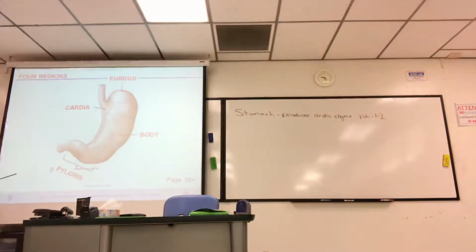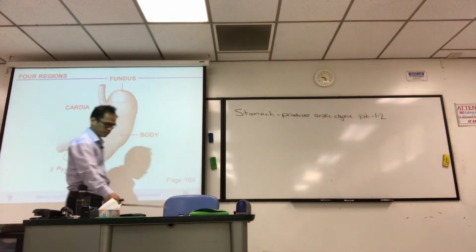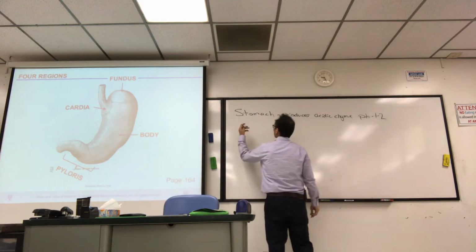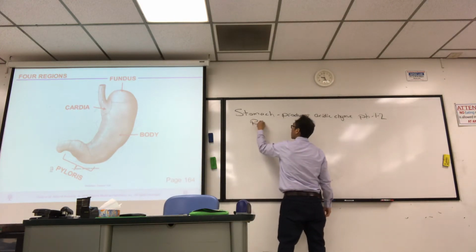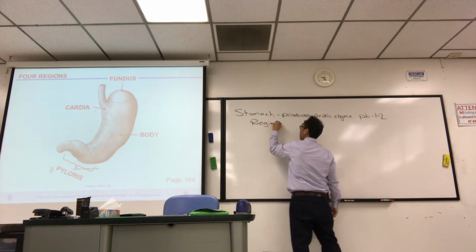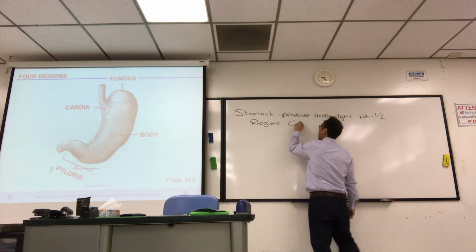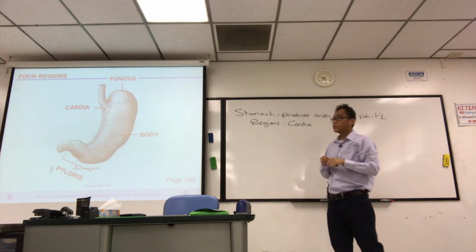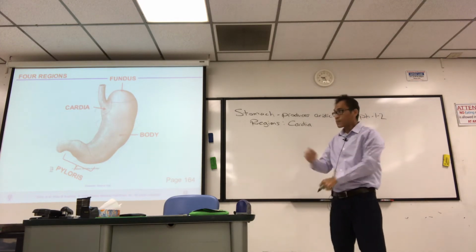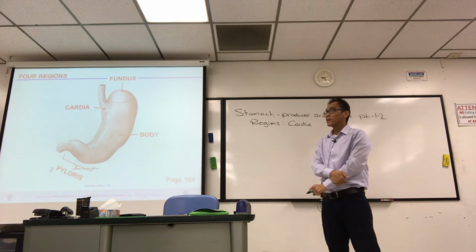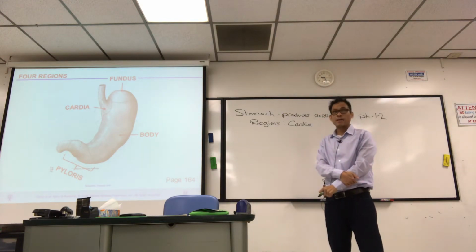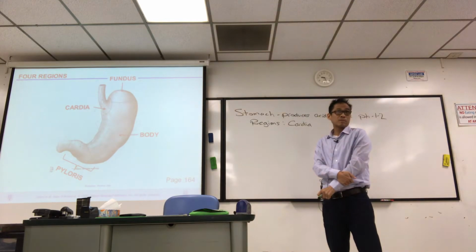Know the 4 regions of the stomach in terms of the anatomy. Cardia, first part, because it's close to the heart. If you put this back in the body, remember what's right on top of this is the diaphragm, and what's right on top of that is the apex of the heart, right?